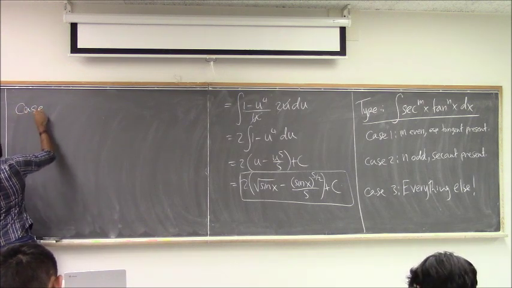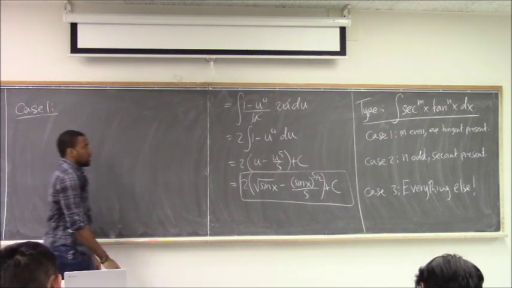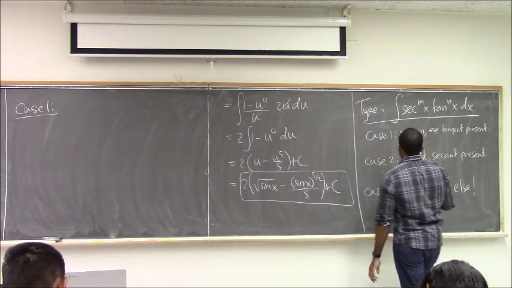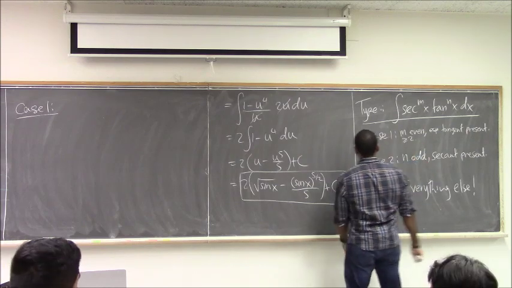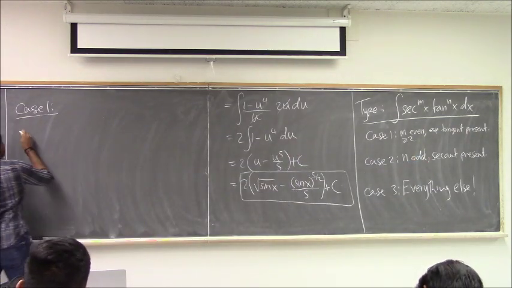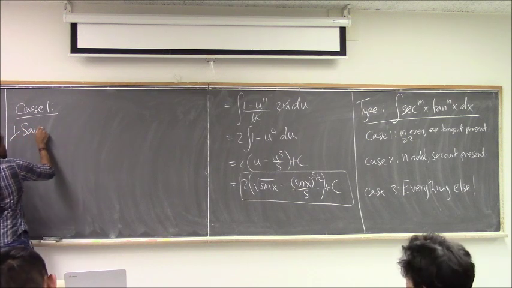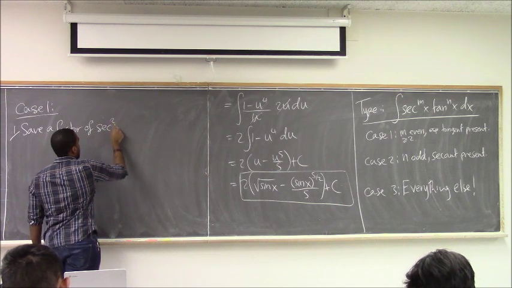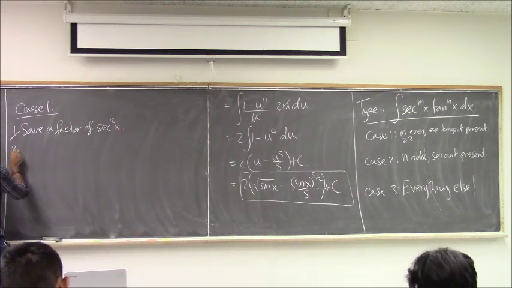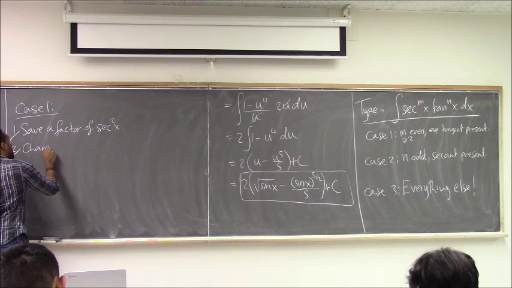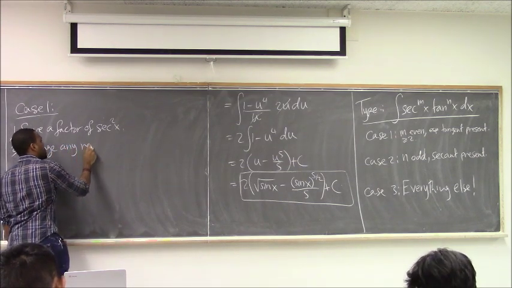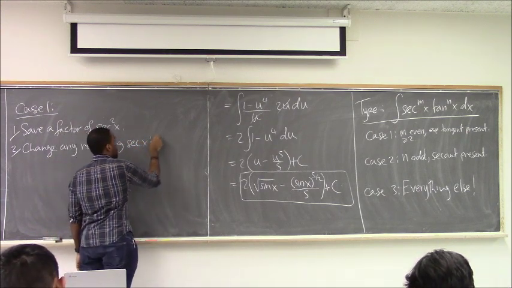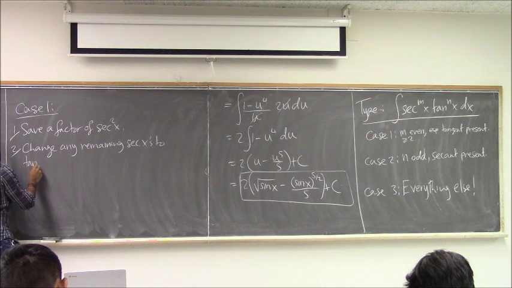Let's look at case 1. So here's what you're going to do in case 1. In the case that you have an even power of secant, of course it would be greater than or equal to 2 actually here, because the point is you want to, step 1, save a factor of secant squared. Step 2, change any remaining secants to tangents.